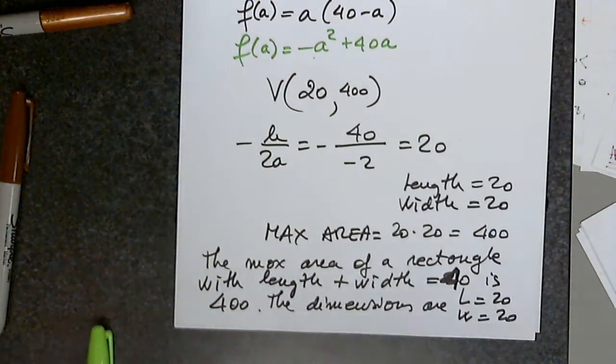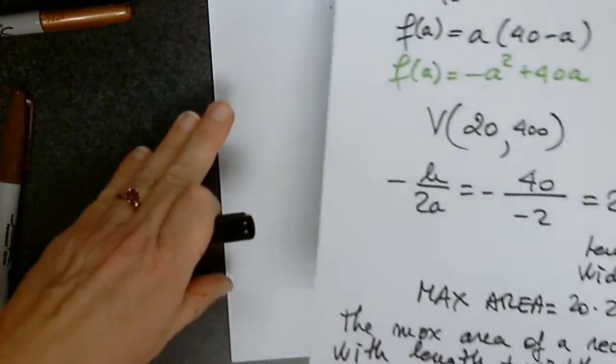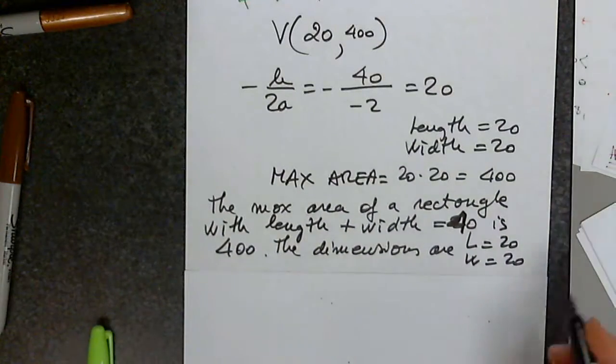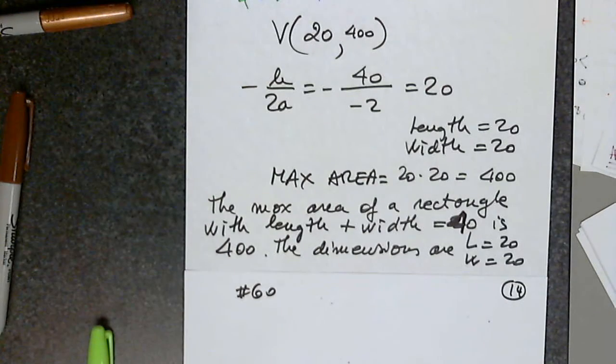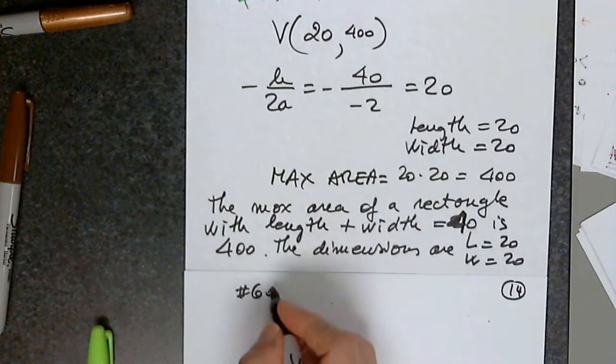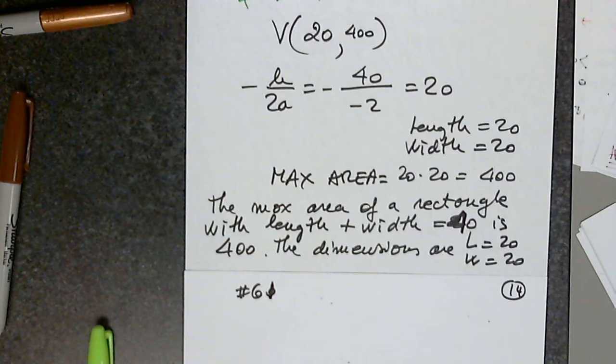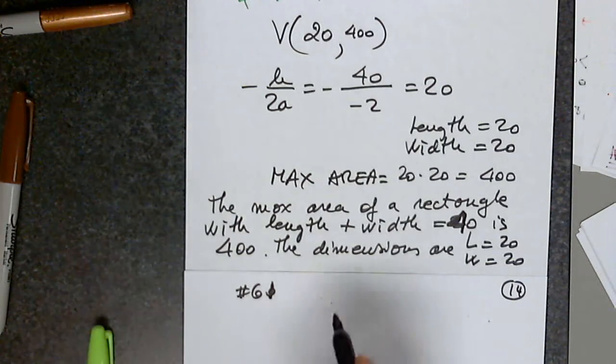Problem 61, because 60 is very similar to what we just did. Any questions? Find two numbers whose difference is 10.